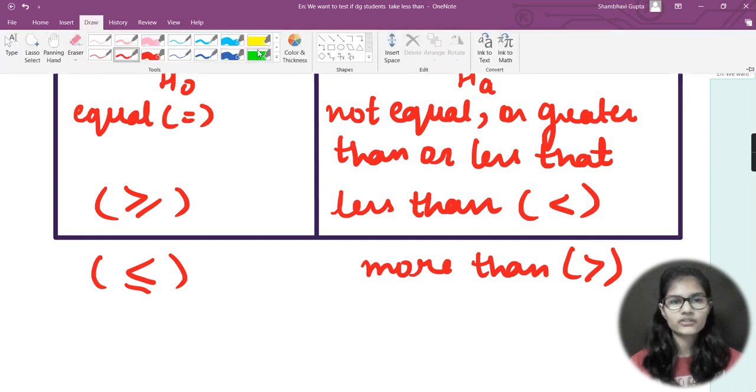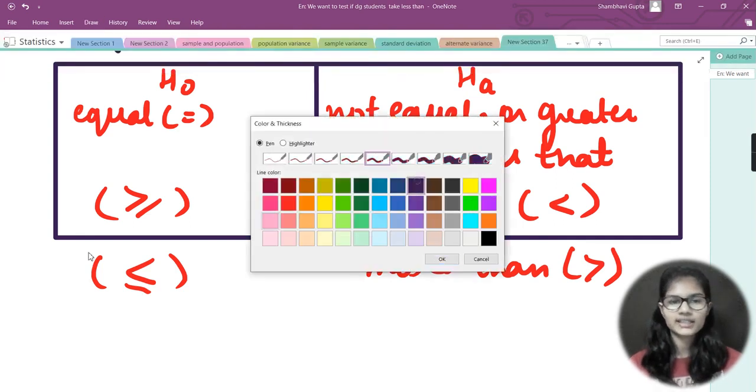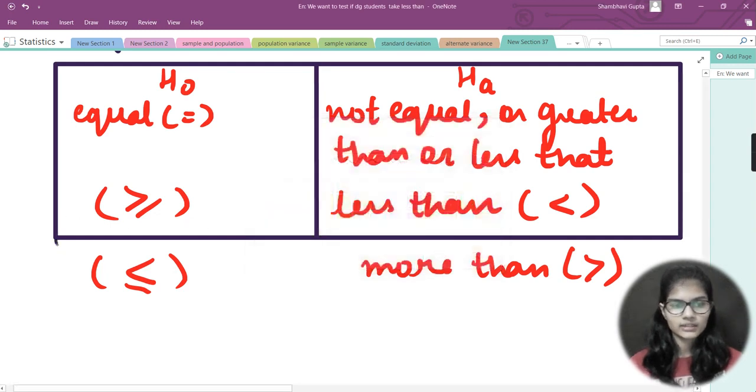I hope you have got a fair and clearer idea of how we do things here. Let me include this as well. So these are some conditions which apply to H naught and HA.